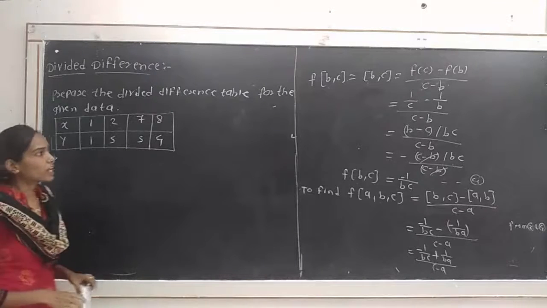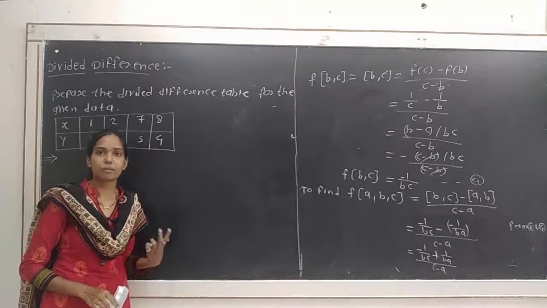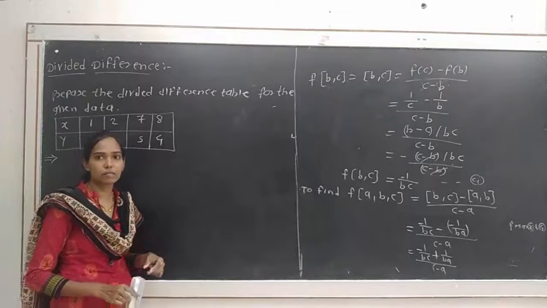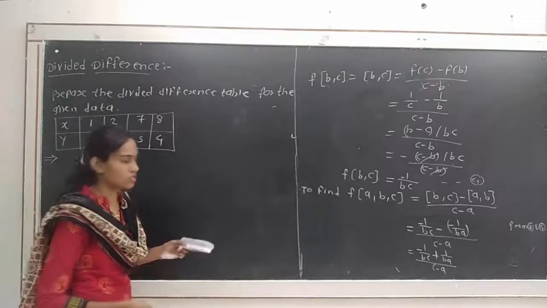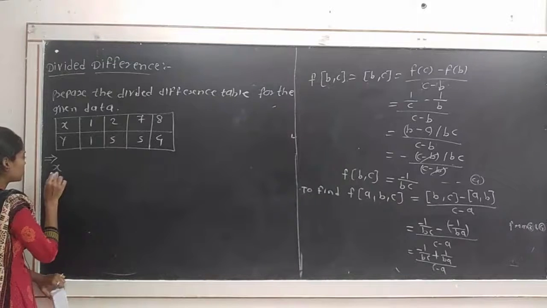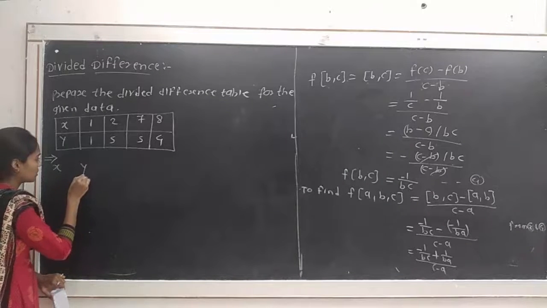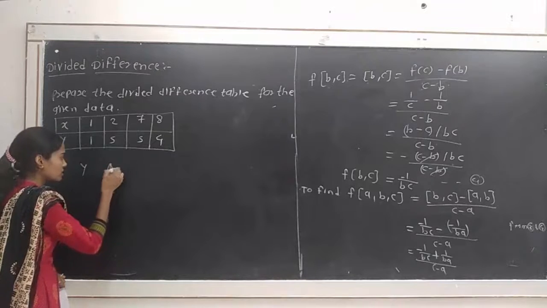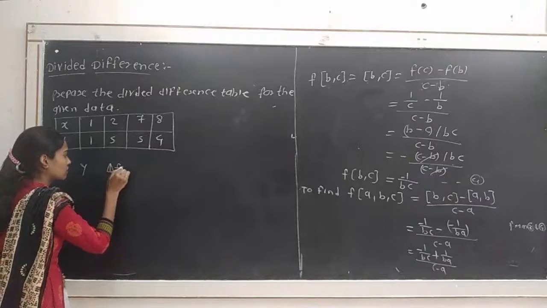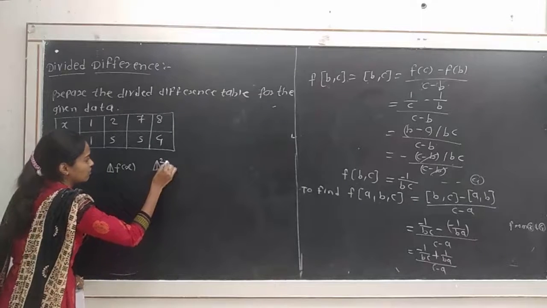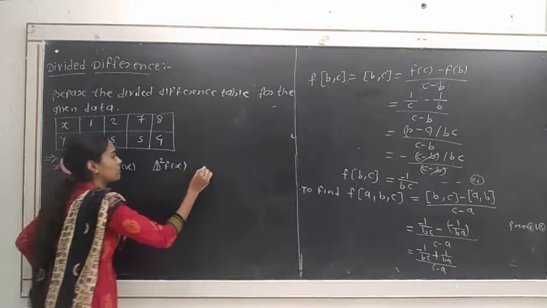We know how to prepare the forward difference table and backward difference table. In the same manner we prepare the divided difference table by using the definition of divided difference. First we write the first column which contains values of x, the second column which contains values of y, then we write the first divided difference, using this notation, then the second divided difference, then the third divided difference.